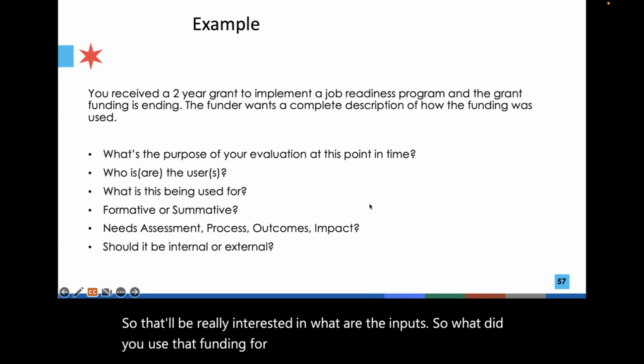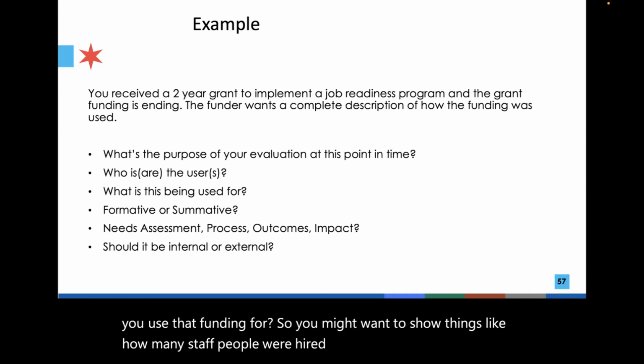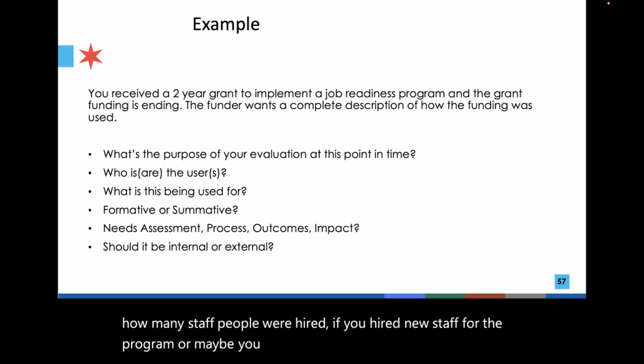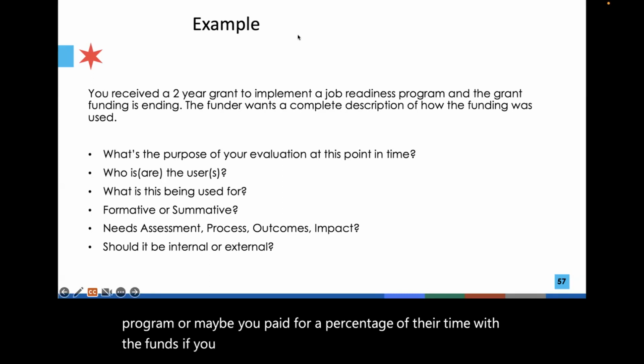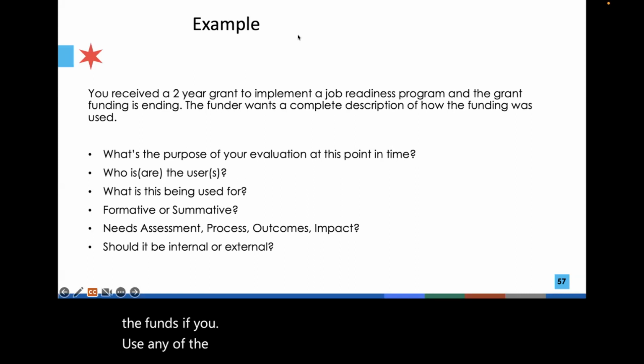So you might want to show things like how many staff people were hired, if you hired new staff for the program, or maybe you paid for a percentage of their time with the funds. If you used any of the funds for facilities, for any program materials.